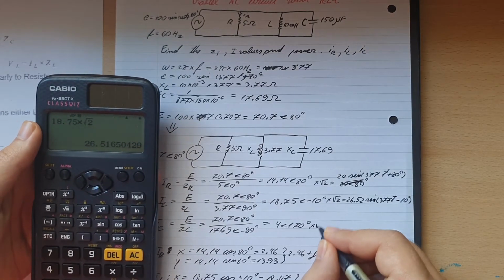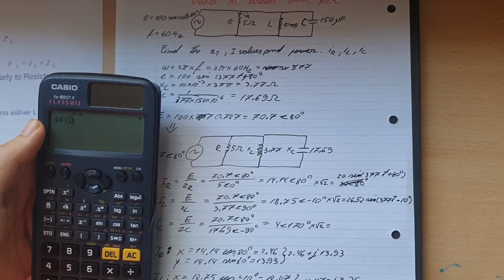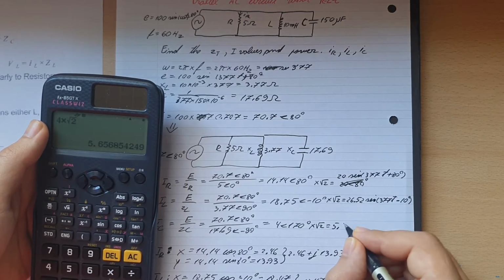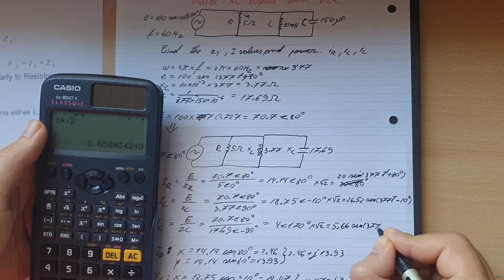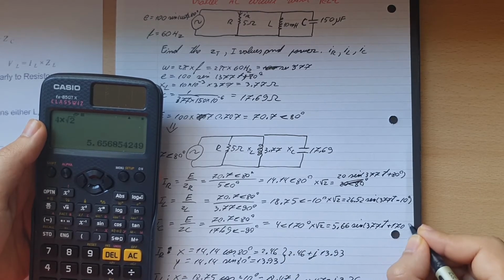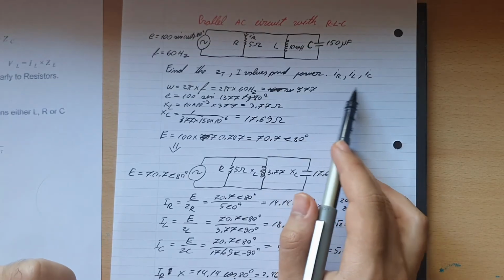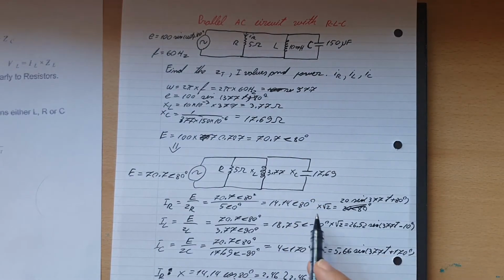Right, next one will be 4 times square root 2, that will be 5.66 sine 377 t plus 170. There you go. So now we also know the little iR and little iL and little iC values, because we simply multiplied the RMS values, we converted them back to their peak values.